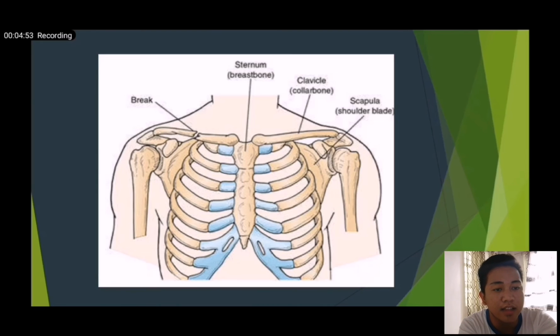Then yung notch sa taas ng sternum is what we call the jugular notch. Then nakikita yung clavicles dyan. Yung clavicles is the only attachment to the axial skeleton. So yung clavicle po natin dyan, naka-attach po siya sa sternum, at yung tawag po sa joint na nagko-connect sa bone na yon is sternoclavicular joint. Then nakikita din po yung scapula dyan.